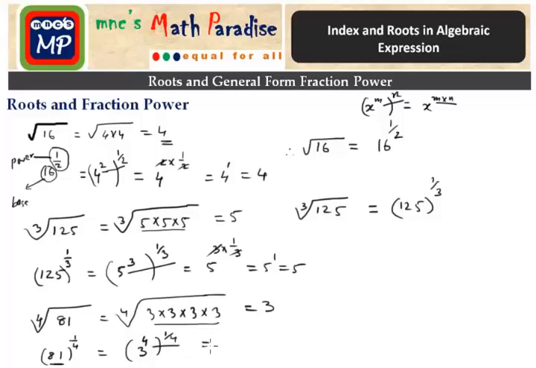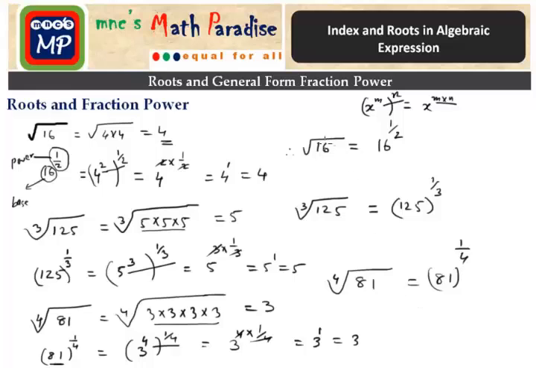So here powers will multiply, so 4 times 1 by 4 and 4 will cancel, so we'll get 3 to the power 1, that means 3. So from these two we can see fourth root of 81 is 3, 81 to the power 1 by 4 is also 3. So we can conclude fourth root of 81 equals 81 to the power 1 by 4.